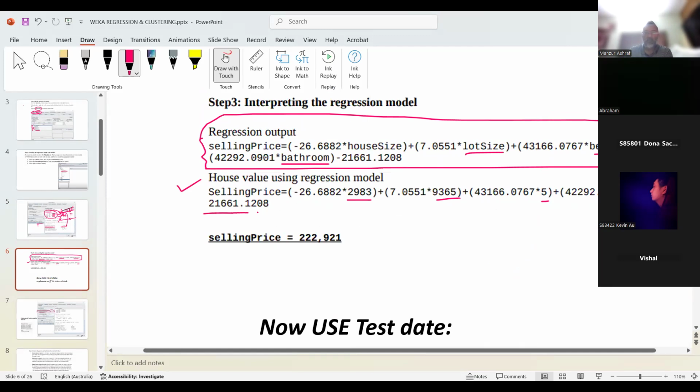When I do it, I get a house price of 222921, minus this, minus this, there's a mistake. So if you put all the values in this equation, you can get this price, about $222,000. It is a Canadian house, so Canadian dollars. So this is how this linear regression algorithm always predicts a number.